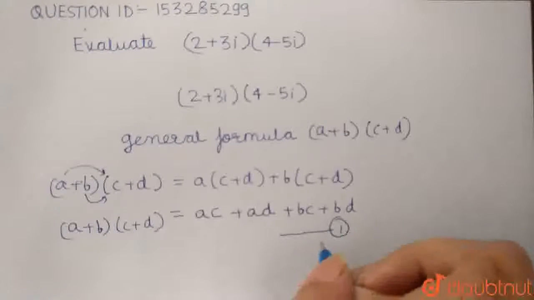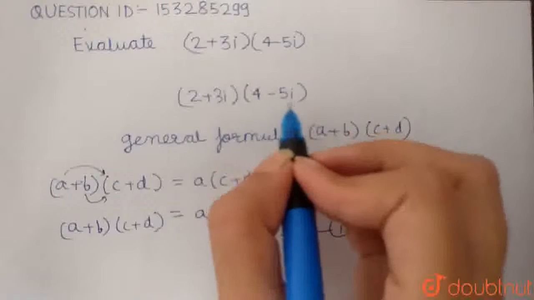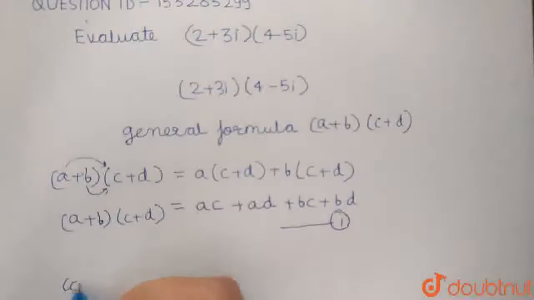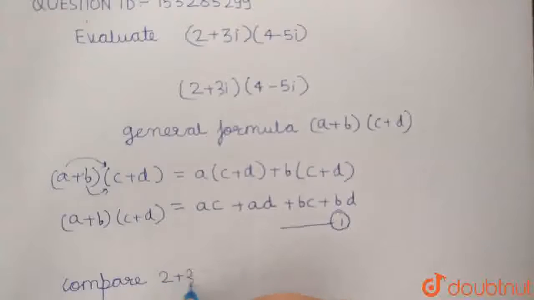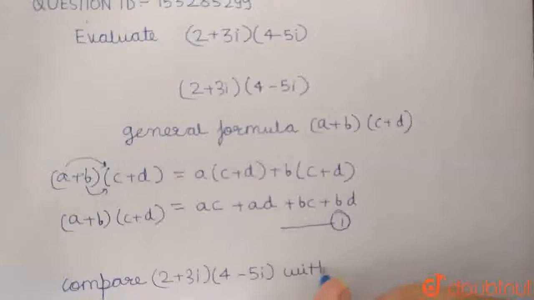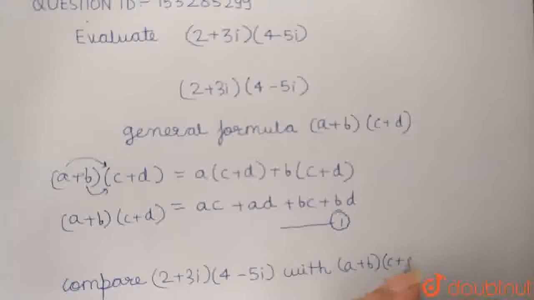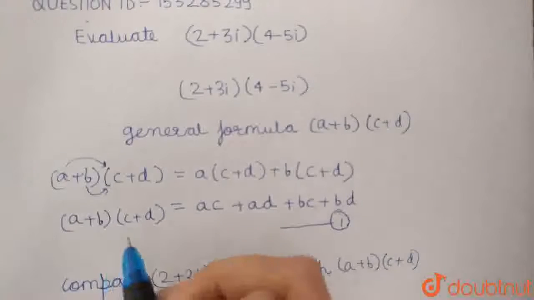Now to use this formula for our multiplication, we will compare our expression, which is (2 + 3i)(4 - 5i), with the general (a + b)(c + d). We are doing so that we can use this formula.